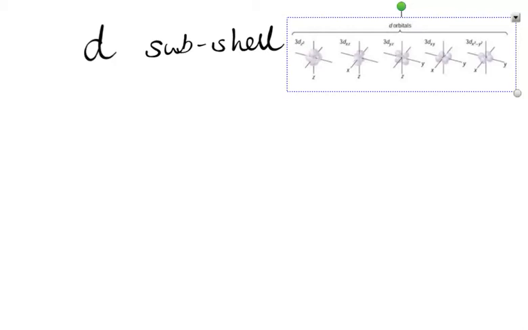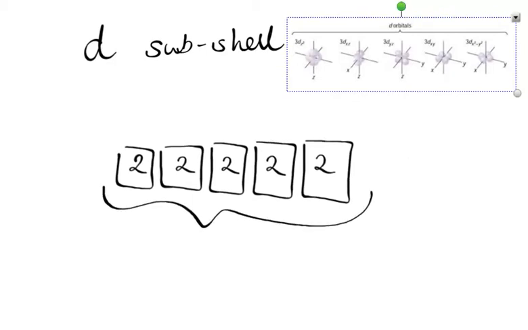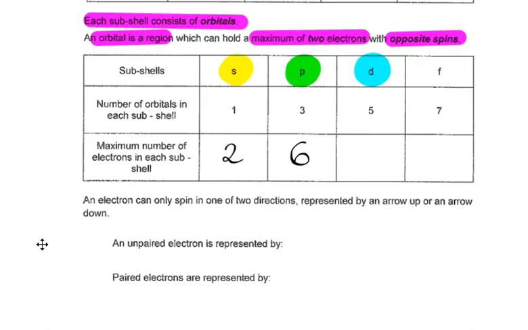So 5 orbitals, so 5 carriages, each holding a maximum of 2 electrons, so the D subshell can hold a maximum of 10 electrons. So 10 electrons in the D.